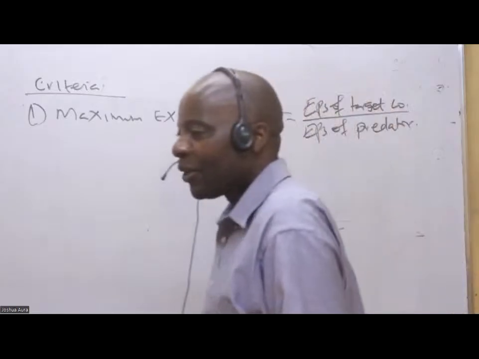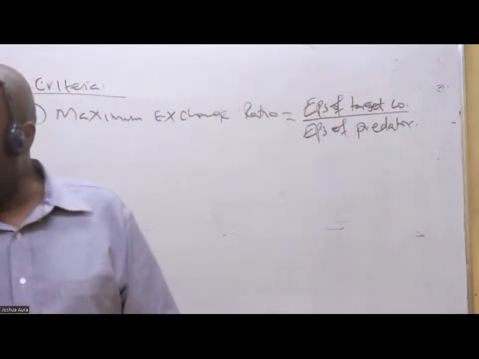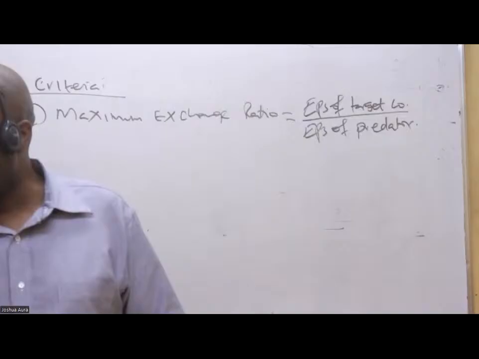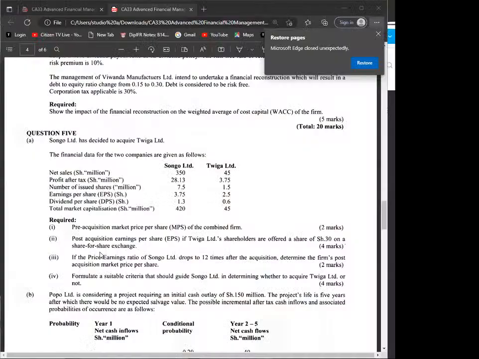Yes. So are you able, ladies and gentlemen, to see this EPS of the target company from the question? Is there somebody who can see the EPS of the target company? Right. Thank you very much.